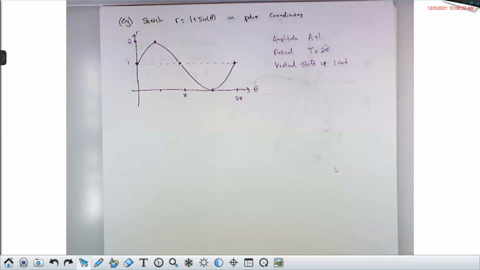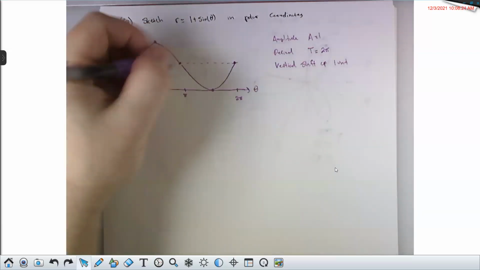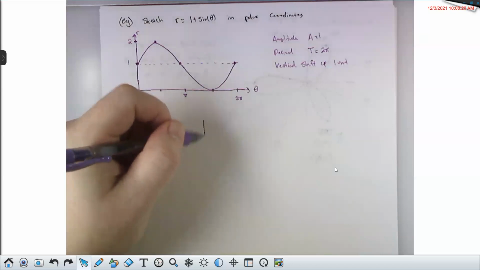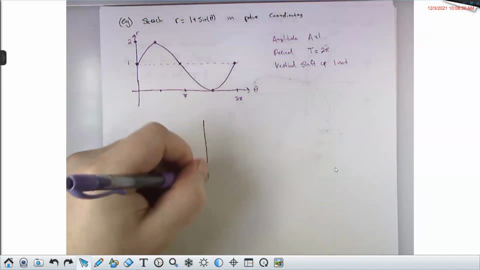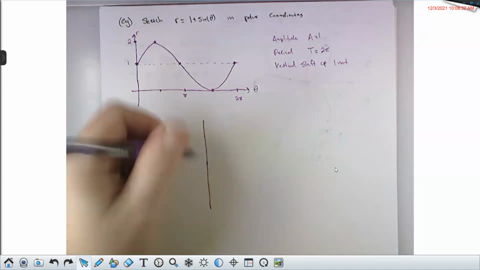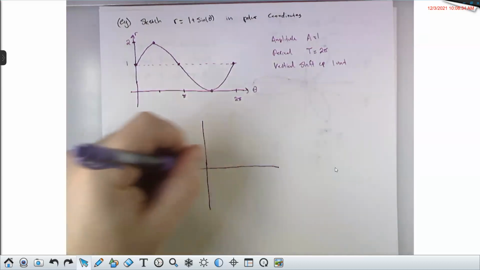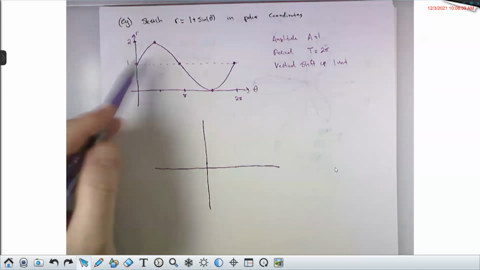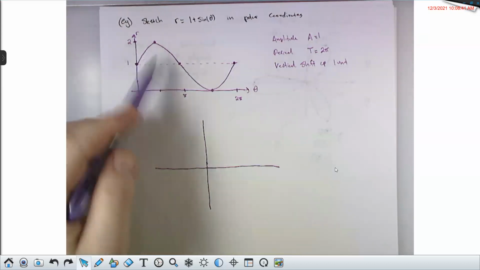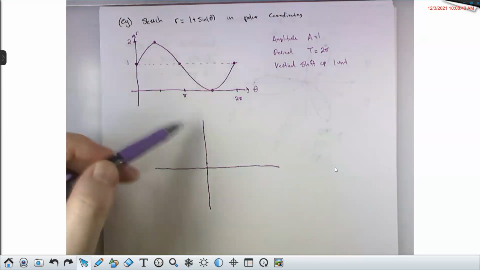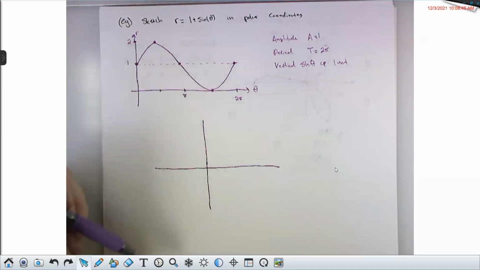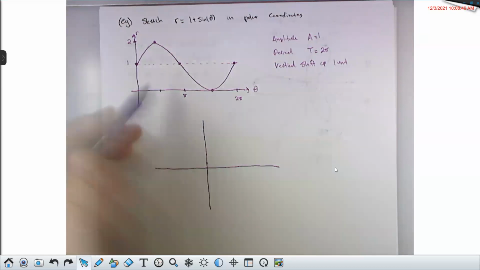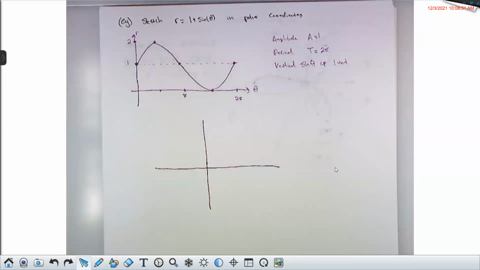And then I want to transfer this into polar coordinates. Just like I did on the previous problem, anywhere there is an equilibrium, a max, or a min, I want to draw rays along that in the polar system. So I have a kind of polar grid.